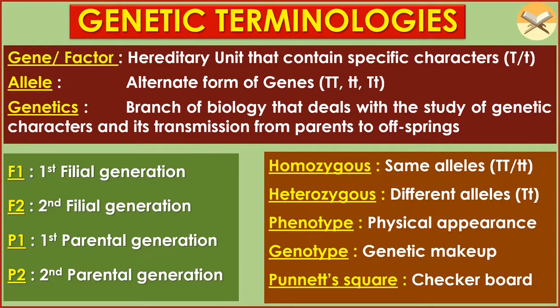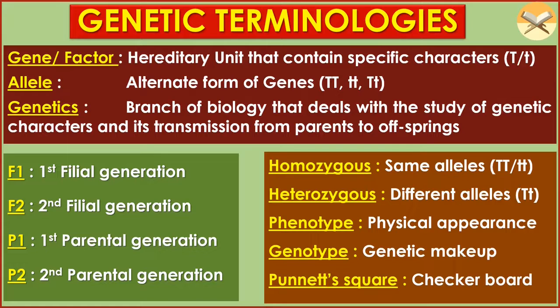Next one is phenotype. The P of phenotype is for physical appearance. For example, when we see a red colored flower, this red color represents the physical appearance of that flower. At that time, we don't know about its genetic makeup. We only know about its red color, so it is the phenotype.